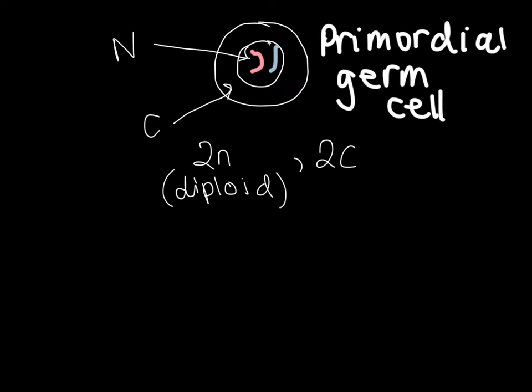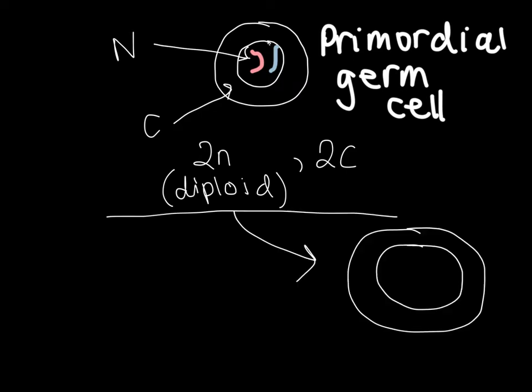Now, also, if the thought of complements, that's what 2C means. 2N means that there are 2 sets of DNA present here. 2C, that's just referring to individual chromatids in the nucleus.